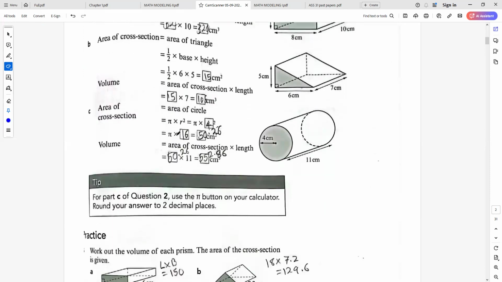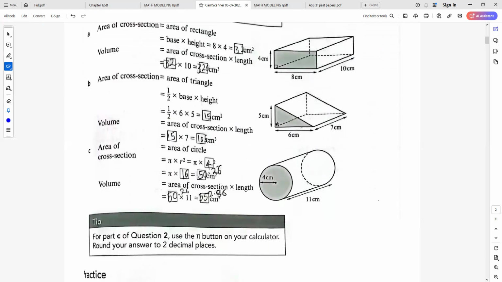Then B part, here the cross sectional area is triangles. Then you know the equation for finding out the area of triangle, that is half into base into height. So that is half into, this is base and this is height. You have to make sure that the angle between the height and the base should be 90.